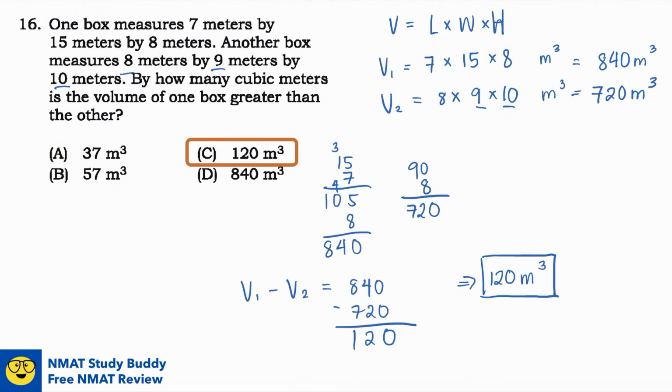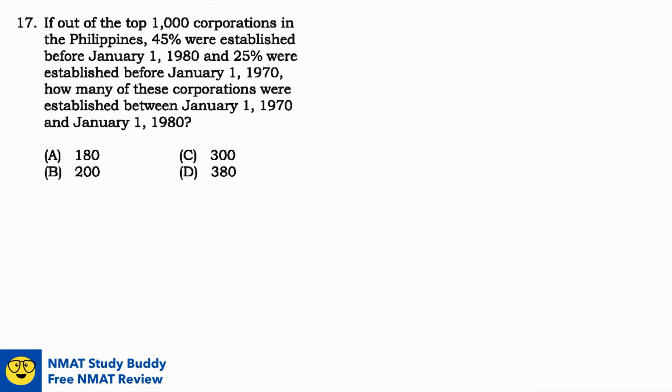Letter C. Number 17. If out of the top 1,000 corporations in the Philippines, 45% were established before January 1, 1980, and 25% were established before January 1, 1970. How many of these corporations were established between January 1, 1970 and 1980?